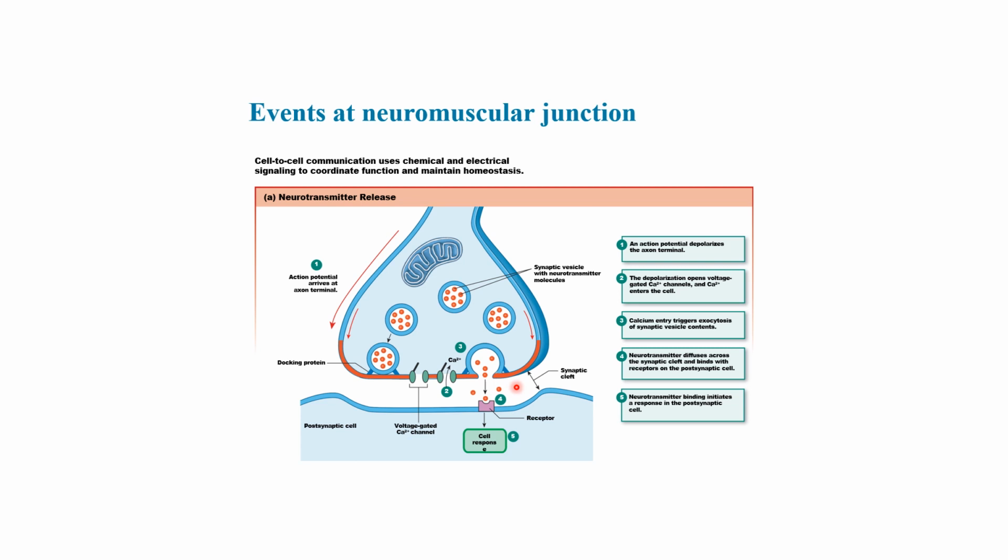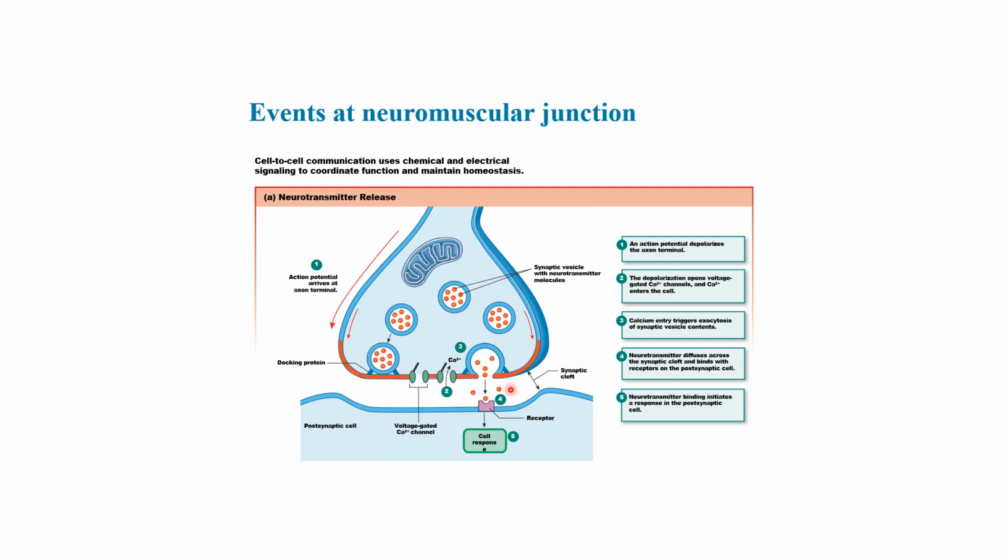The neurotransmitter is going to flood this region right here known as the synaptic cleft. The important neurotransmitter that helps your muscles contract is acetylcholine. So acetylcholine gets ejected out of the vesicles into the synaptic cleft.